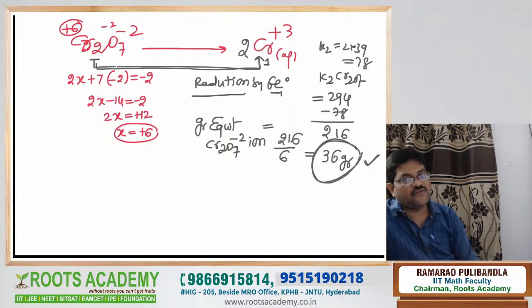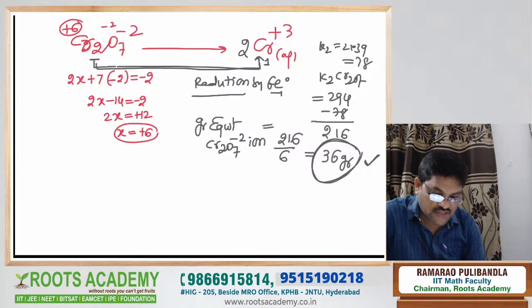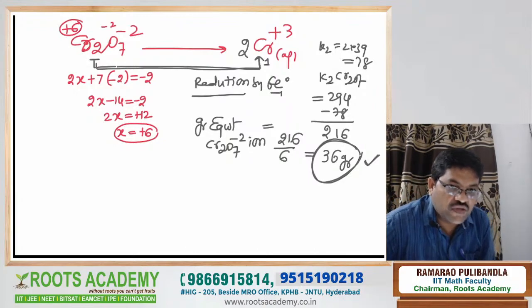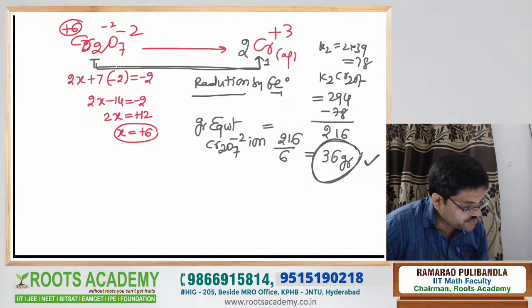Therefore, the gram equivalent weight of Cr2O7 2-: the molecular weight of K2Cr2O7 is 294, from 294 subtract 78 and you get 216, 216 by 6 equals 36 grams. Understood? One of the beautiful logical questions.